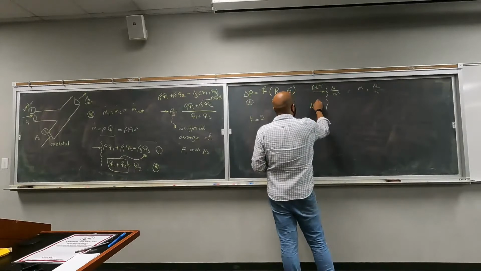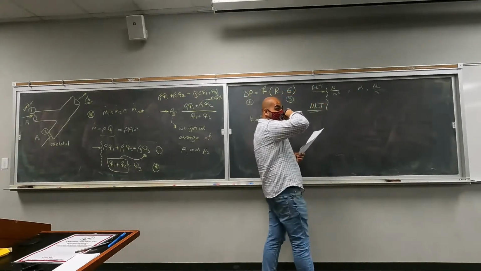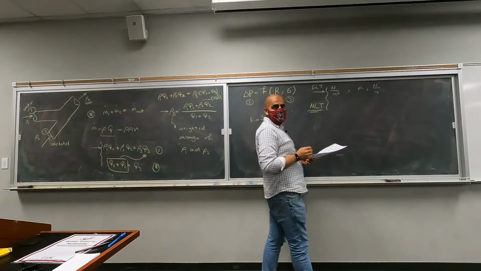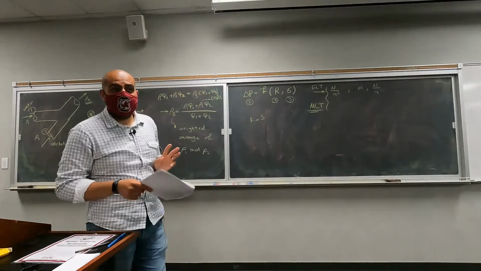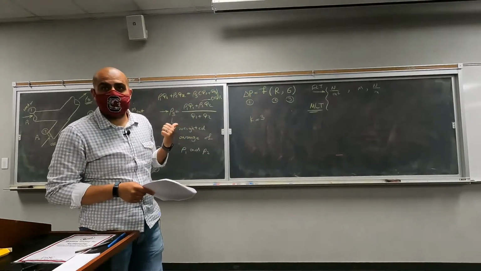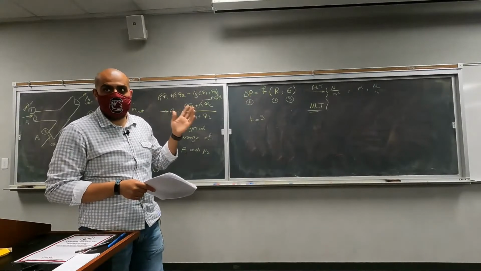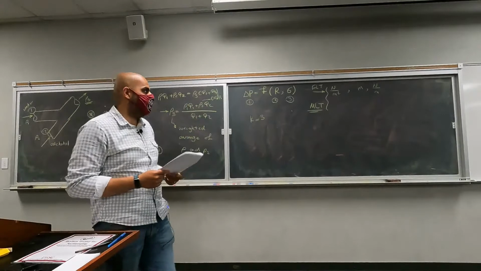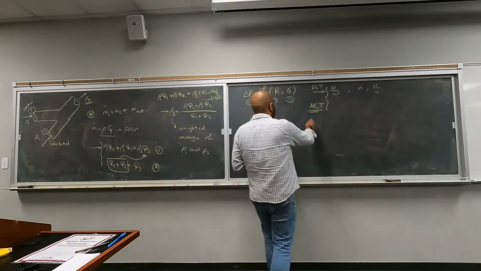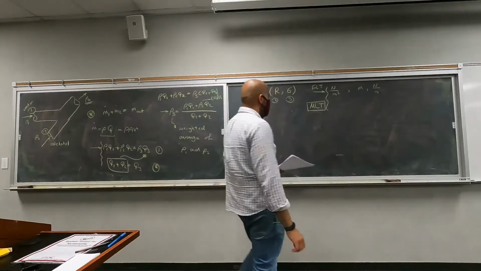But if you write it in the MLT, do we remember what FLT and MLT was? Or do I need to go over this? Do we remember this or not? Yes. So we had 2 different sets of primary dimensions, either force, length, time, or mass, length, time. I usually prefer to use MLT, but you can use FLT as well.